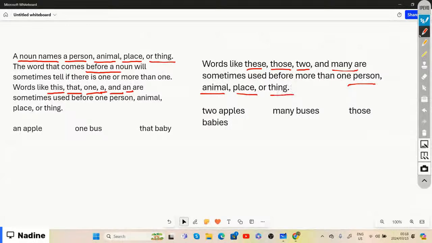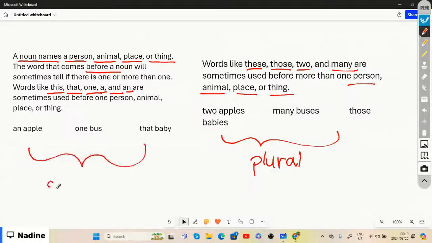So we can say these apples, those apples, two apples, many apples, for example. Because now this is plural, because it refers to more than one, and this is singular because it refers to only one.